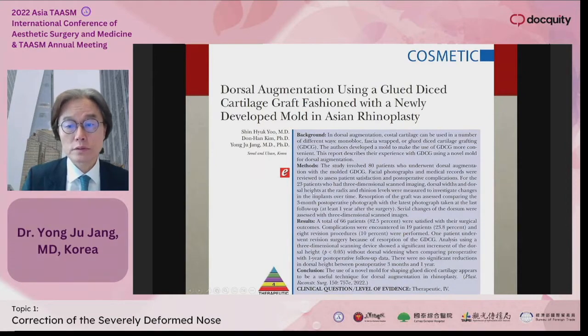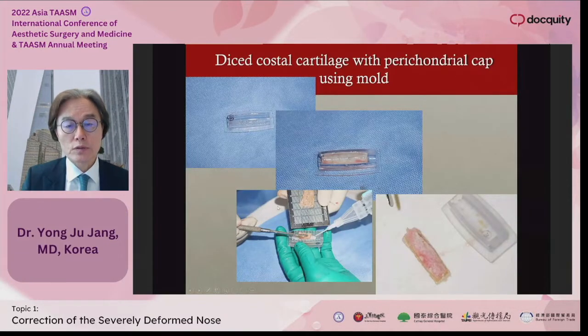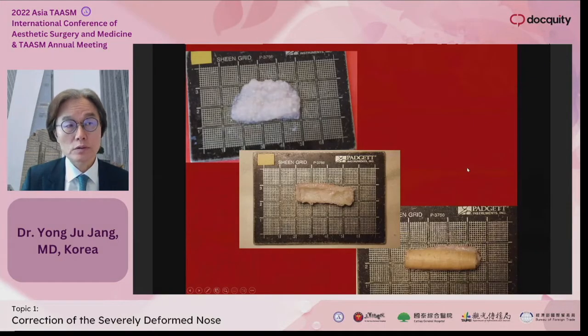This is my very recent publication appearing in PRS. So when I use this technique, I disassemble this mold and I place first the perichondrium or fascia at the bottom, and then diced cartilage is mixed with the glue, and then finally I have a dorsal implant covered on one side with fascia or perichondrium, and then it's shaped like this, and this is nice dorsal implant material.